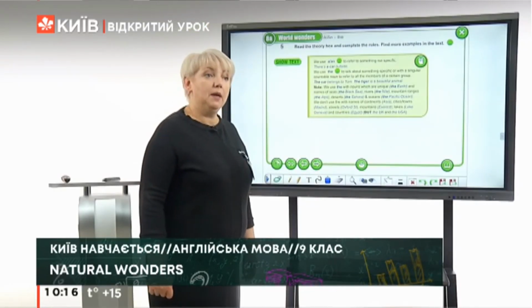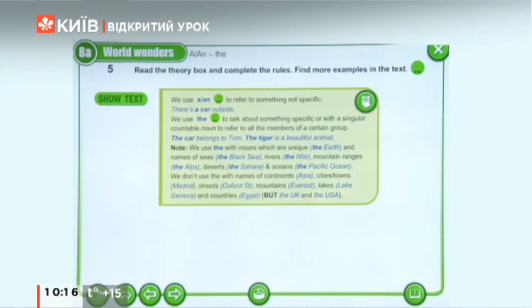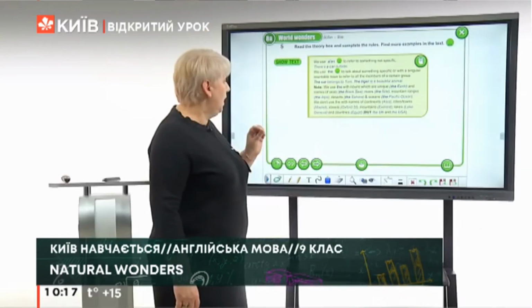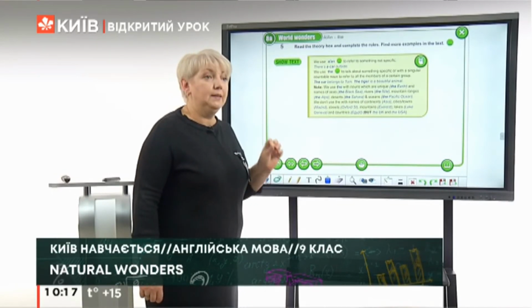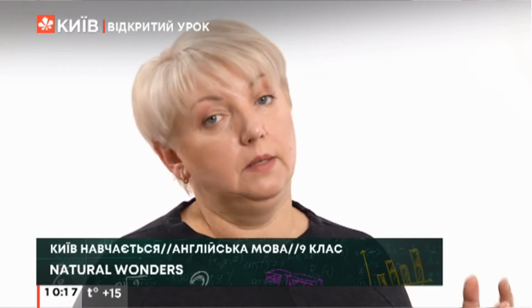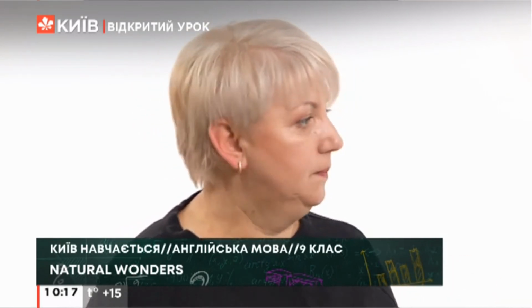But there are some countries which are used with the. These are countries which have a main word which is not a name of a country. The UK, the United Kingdom: the main word is kingdom. That's why we use the.